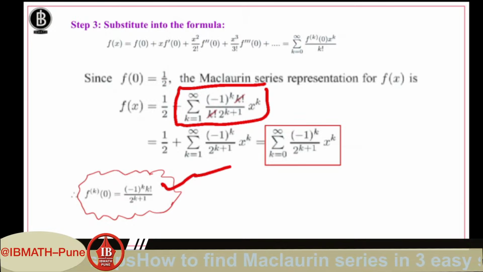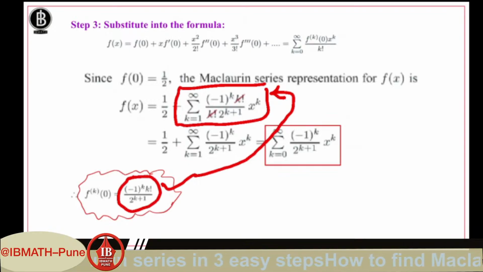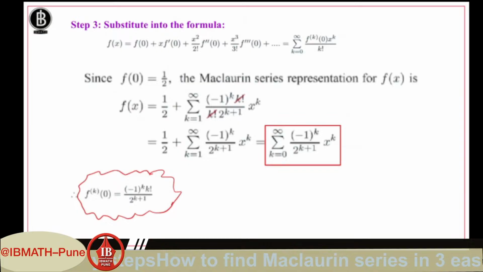So the same I am writing here, as I said earlier, that f^k of 0 will be replaced by this thing. But x to the power k divided by k factorial will come from the formula, so that is the extra part we are putting.